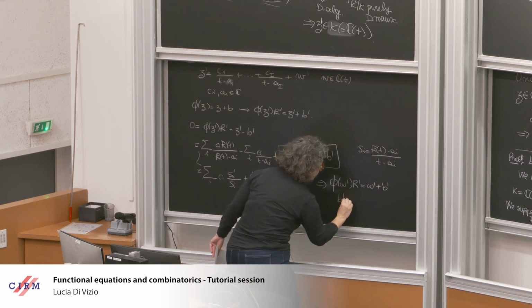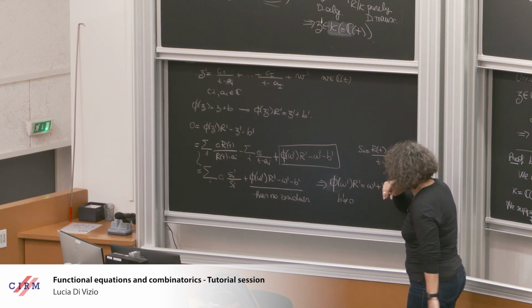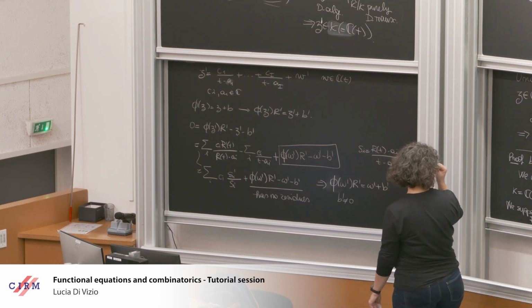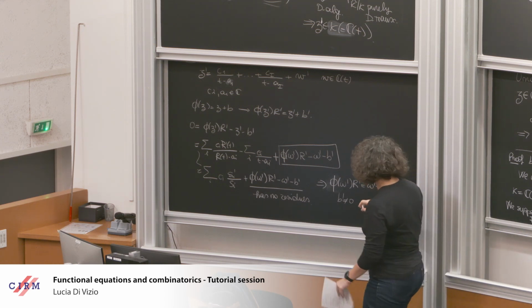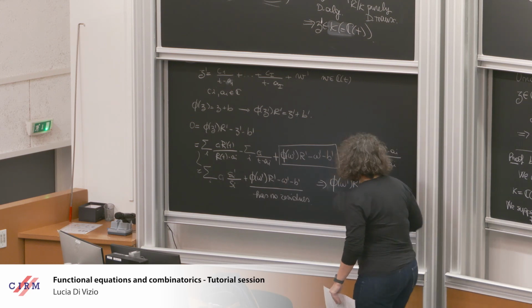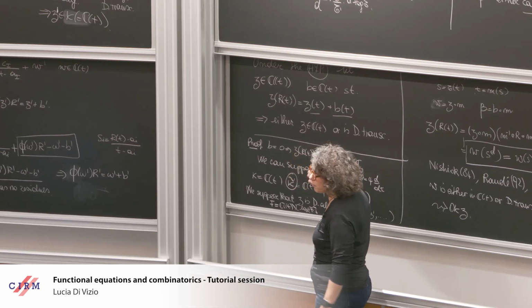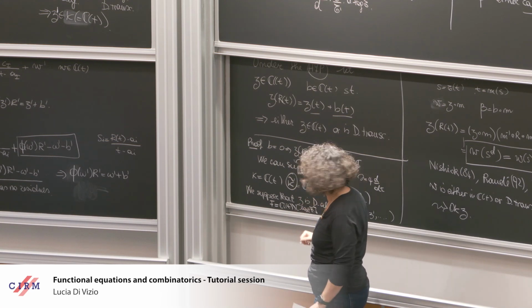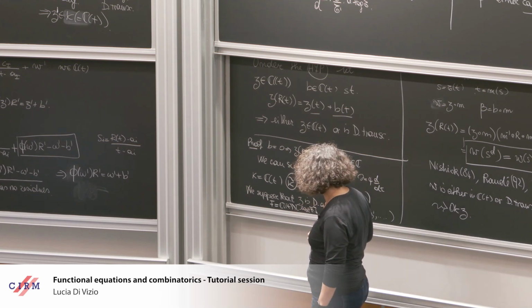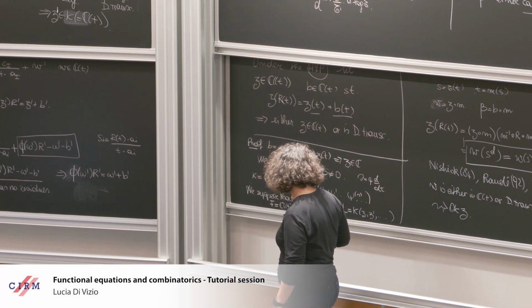B prime is different from 0 because z is not a constant, so z prime is different from 0.